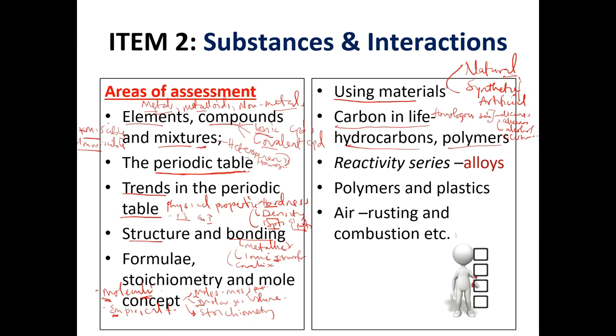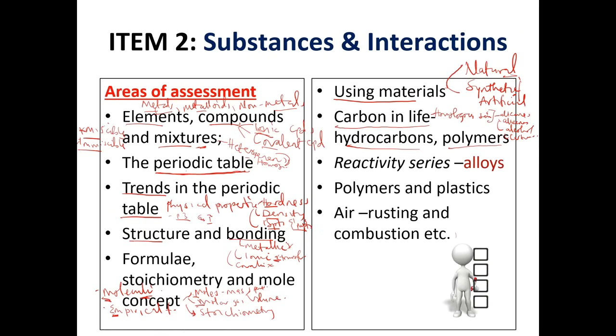Now, we need to go back and see how you can know this is an alkane, how you can know this is an alkene, how you know this is an alcohol. So we get to know all those different categories.